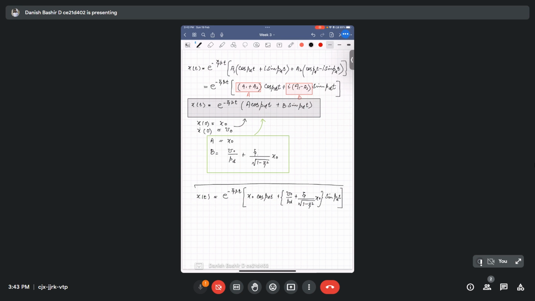This will be the complete solution of our problem, damped free vibration.